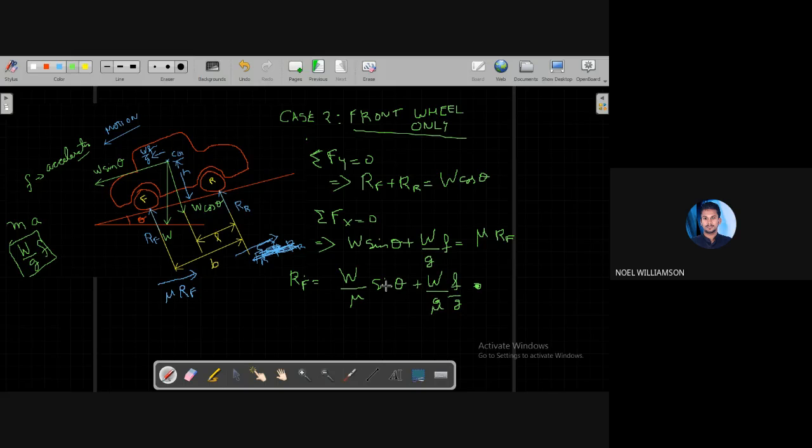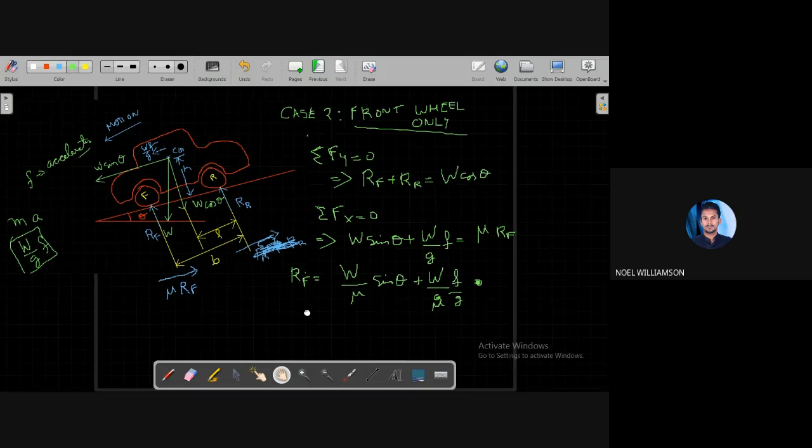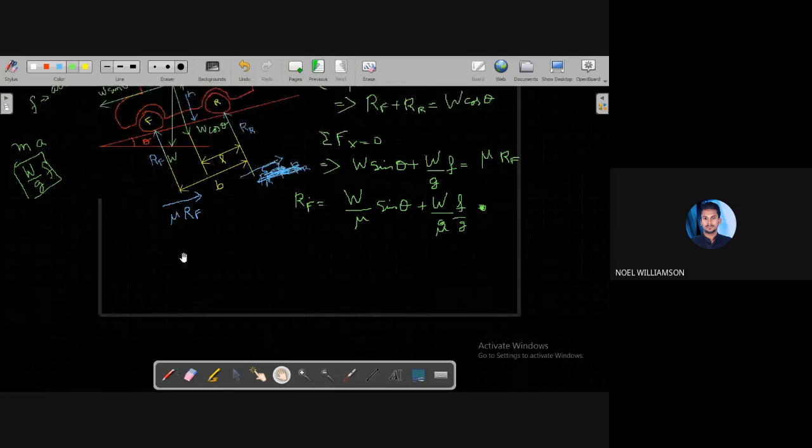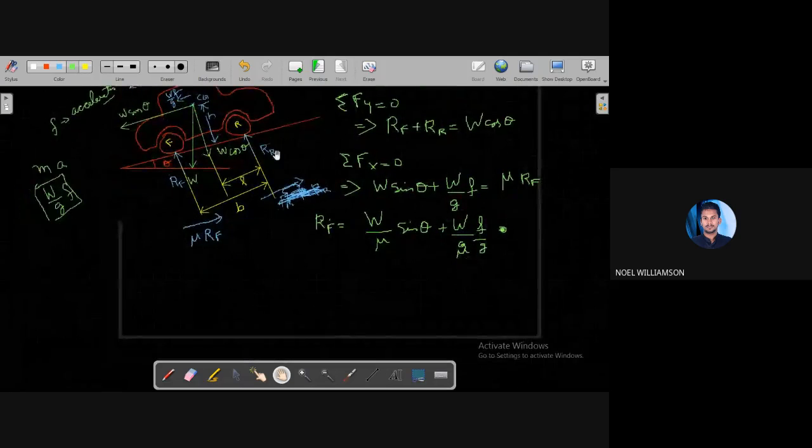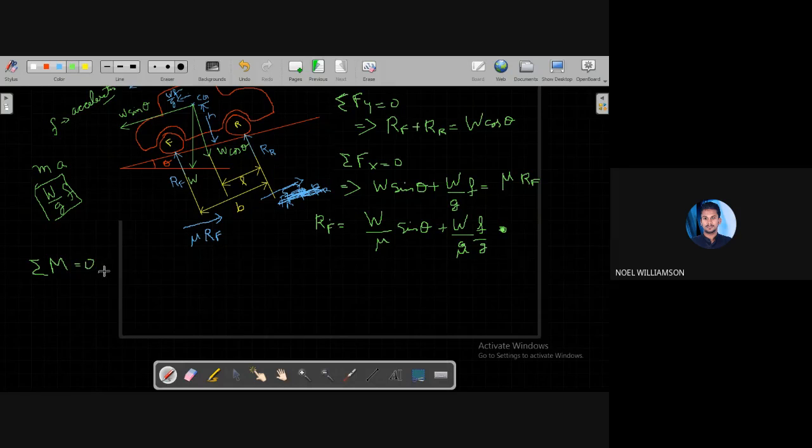Then next we take the moment, that is moment at the point R, equating the moment of all forces about this point equal to 0, sigma M equal to 0 implies.